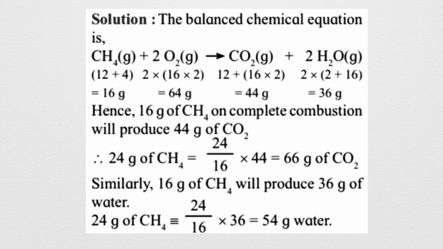Similarly, 24 grams of CH4 is equal to 24 into 36 upon 16, so it will give me 54 grams of water. Hopefully you understood. You just have to remember the steps. Rest everything is very easy. Next class we are going to do more problems based on this. This is just for your information, to show how the steps are involved when we are calculating.